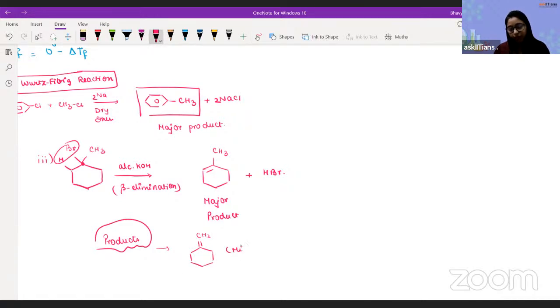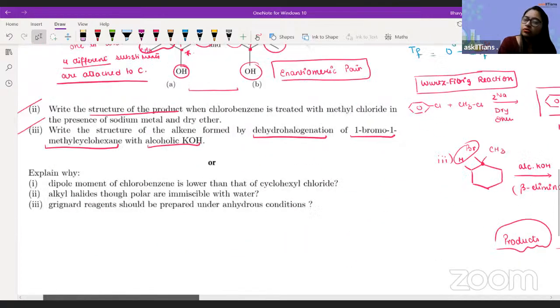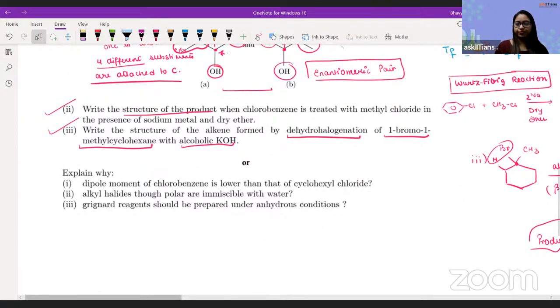This is the minor one. But since they have not asked, you just write the major product and the HBr, work done. Do not explain much. And you will fetch your 1 mark.